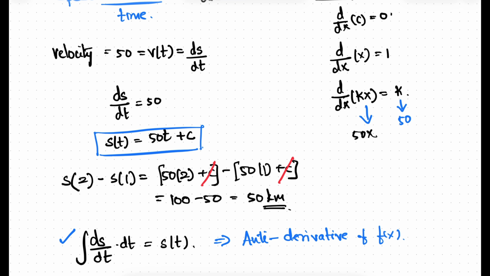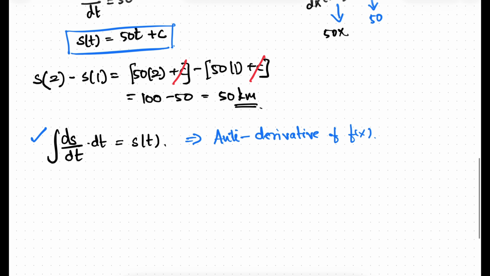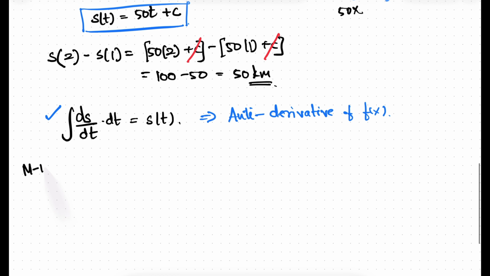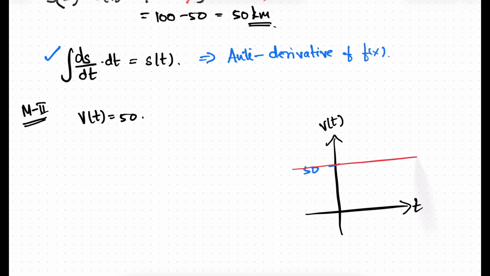There is also another way to approach the problem. This is method 1, and there is also another method. They have given us velocity to be 50, right? Now what I'm going to do is draw a graph for t and v(t). Since it is a constant function, it is easy for us to draw the graph. It is simply going to look something like this.